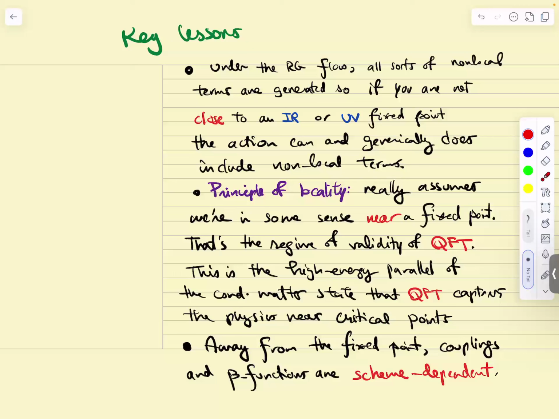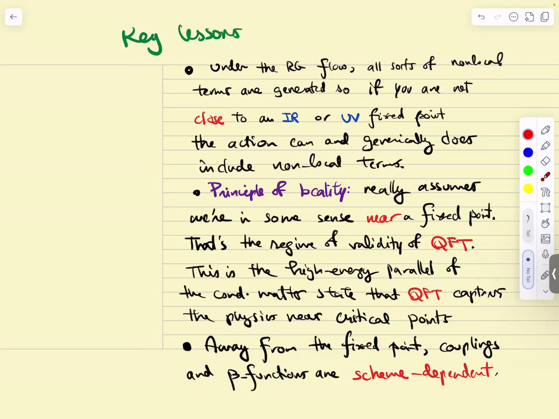Now, if you're not that far from the lattice structure, condensed matter theorists have known for a very long time, you're not going to get a continuum theory. Even if you try to get a continuum theory, there's no reason for locality. Locality, all of that is really near a fixed point.